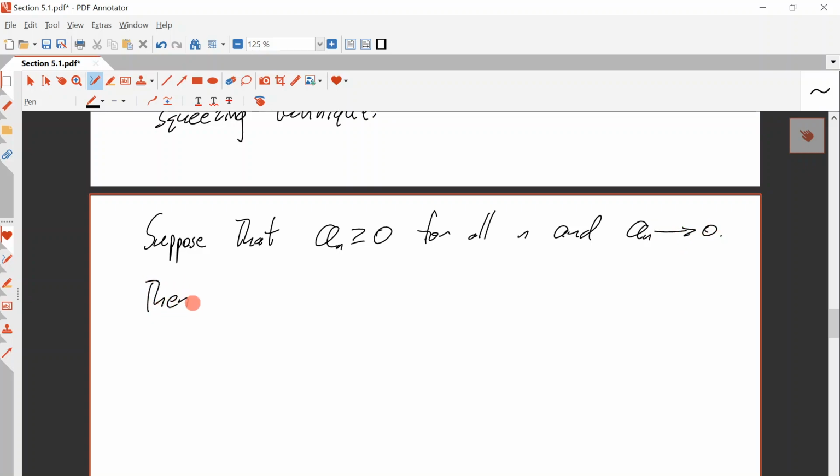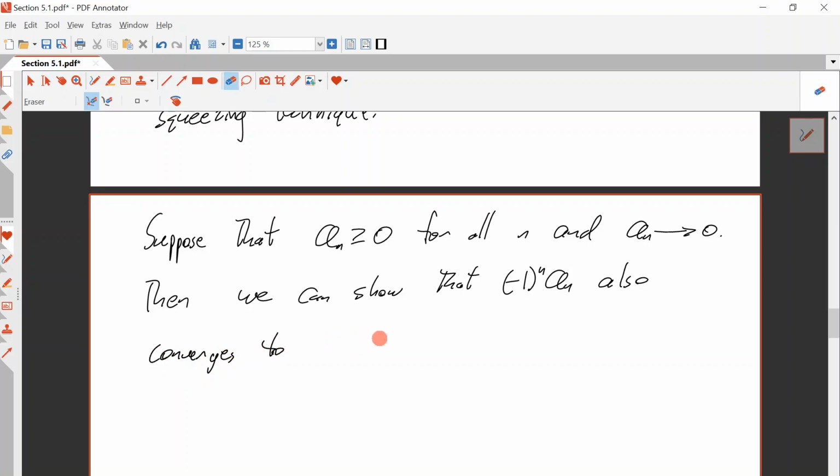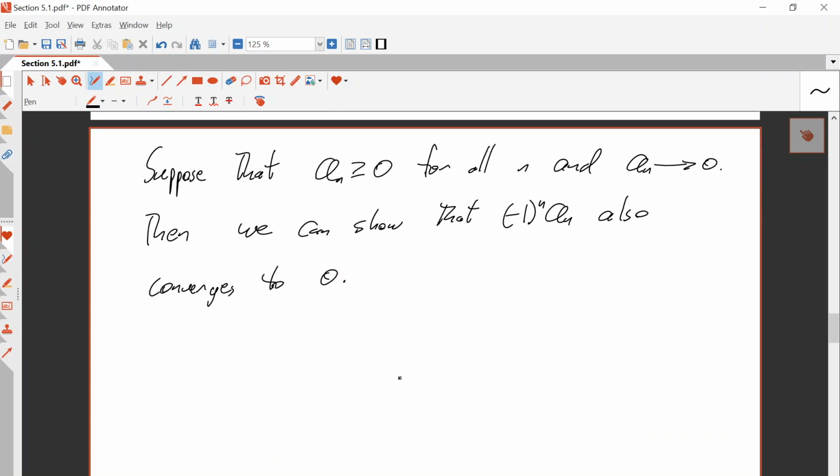Then we can show that minus 1 to the n times a_n converges to 0 as well, just like the 1 over n and minus 1 over n, minus 1 to the n over n.